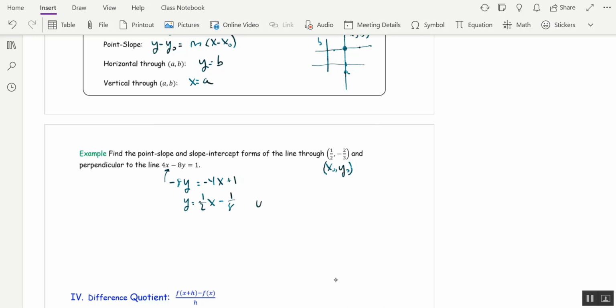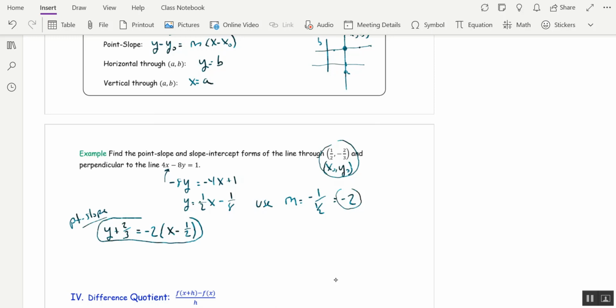So we want to use m equal to the negative reciprocal. Negative reciprocal of 1/2 is -2. So now I've got my x naught, y naught, and I've got my m. So I can put it together in point slope, and I get y minus -2/3, which I'll write just as y plus 2/3 equals -2 parentheses x minus 1/2. There's my point slope.